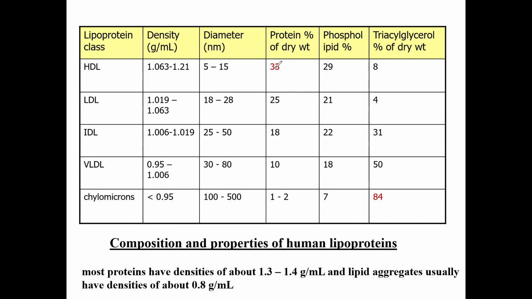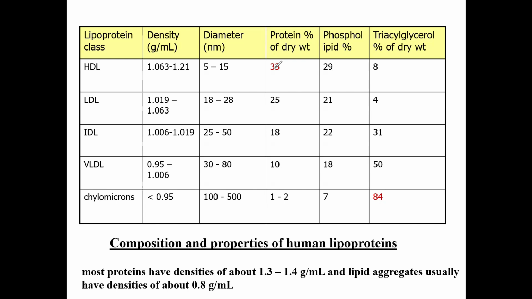percentage of phospholipid. But the case is reversed in terms of the percentage of triacylglycerol of the dry weights, where HDL has the lowest triacylglycerol content, while chylomicrons have the highest percentage of triacylglycerol.